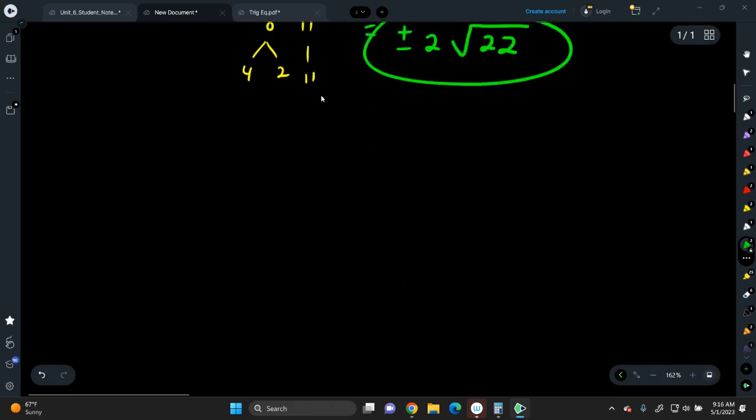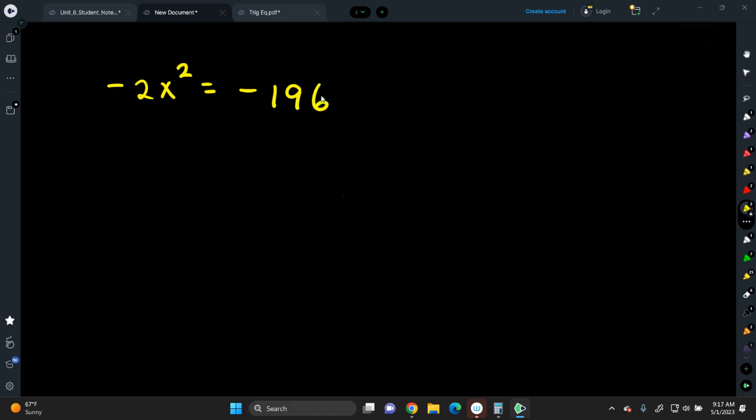Thank you. Okay, let's look at this one. How about negative 2x squared equals negative 196. What should we do? Right, I can't take the square root with the negative.